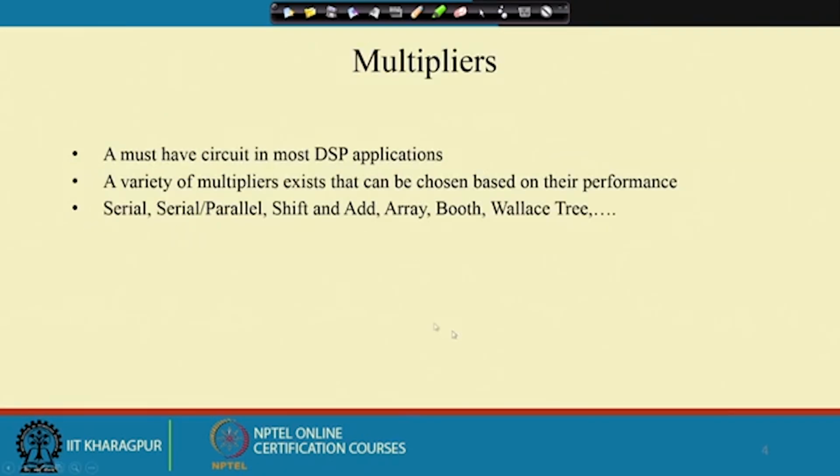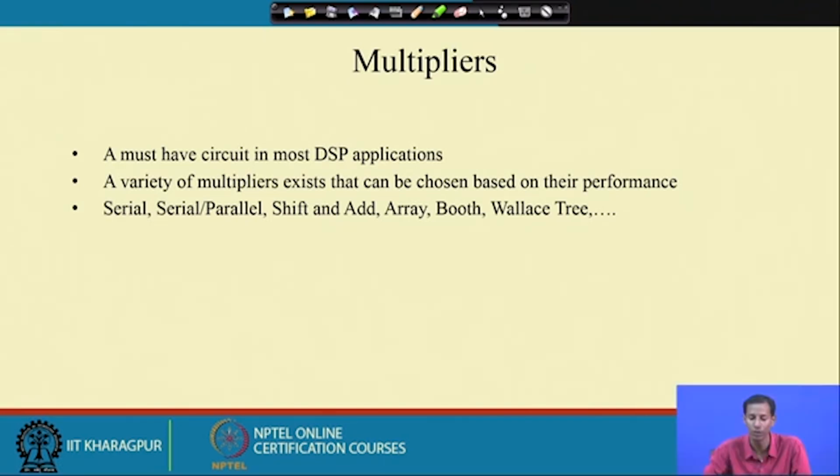Multipliers are mostly used for DSP applications, and a variety of multipliers exist that can be chosen based on their performance. Different architectures have evolved because of different needs, whether high speed, low power, or low area.